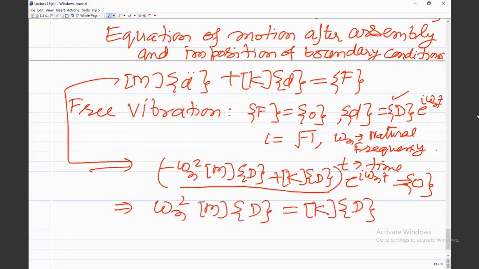So either you can write this as kd is equal to omega n square m into d. So this is an eigenvalue problem. Through this you do what is known as the modal analysis. Now if we have the eigenvalue problem in this form, we call it the generalized eigenvalue problem.